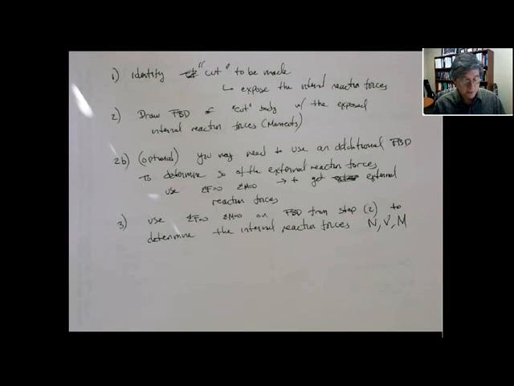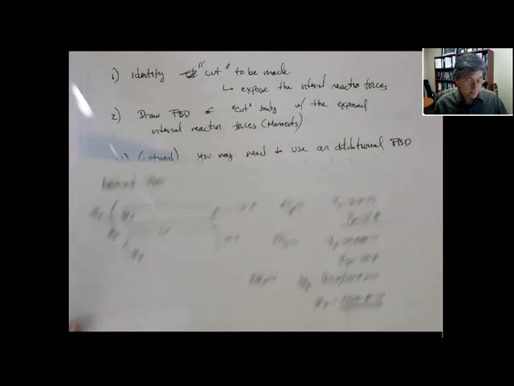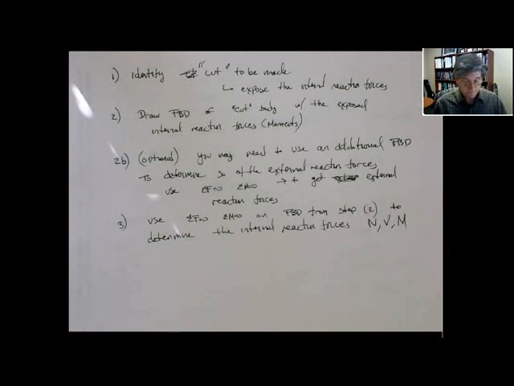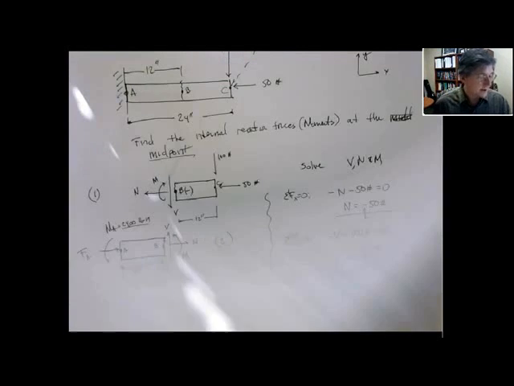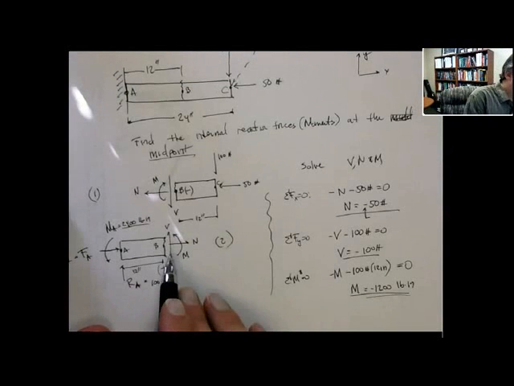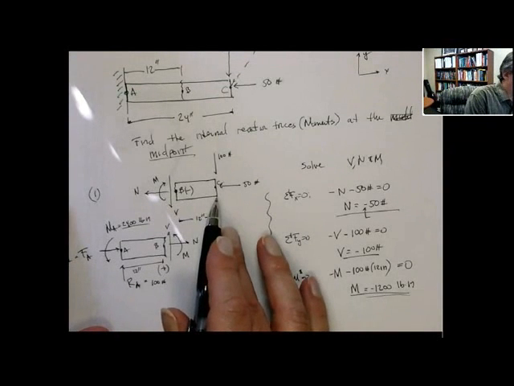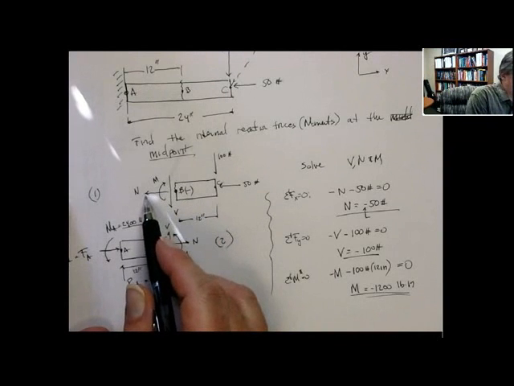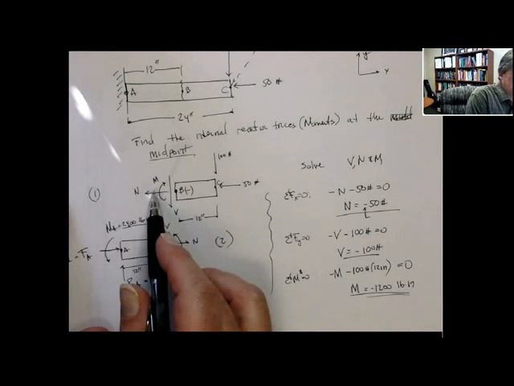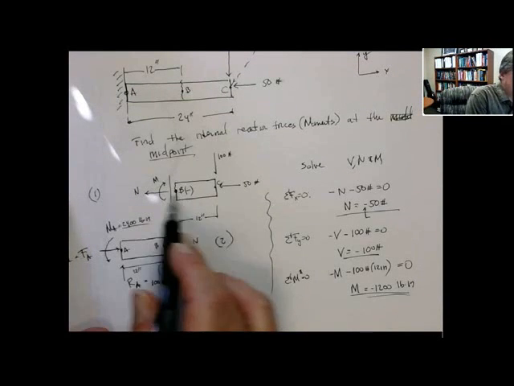So, for example, if you draw your free body diagram, and you call N equal to 50, it's incorrect, because N equal to 50 means that N is going in this direction. It's not, it's going in the opposite direction.